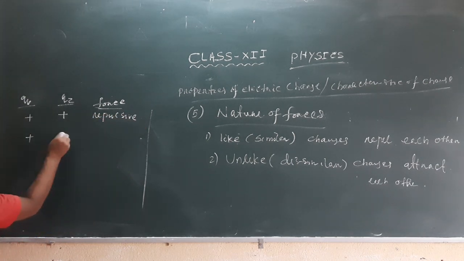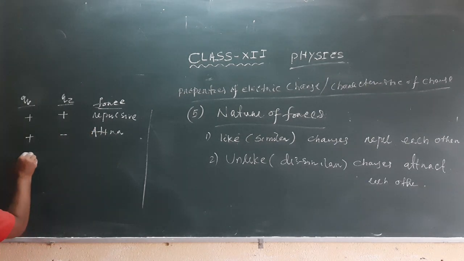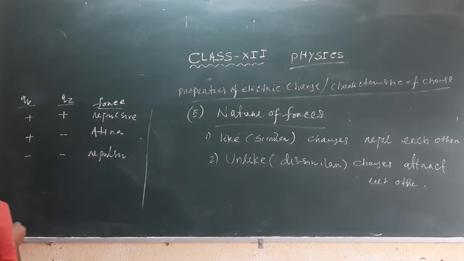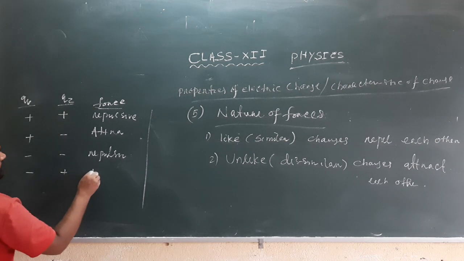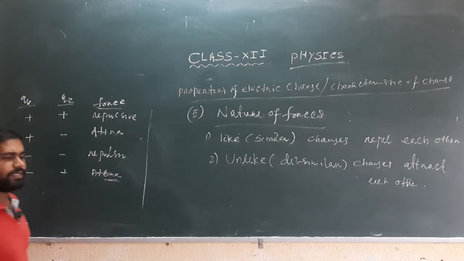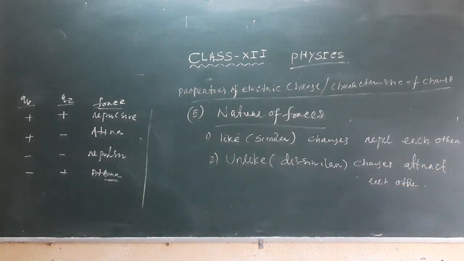If I consider plus minus, then the force will be attractive. If I consider minus and minus, then the force will be repulsive. And if I consider minus and plus, then the force will be attractive. So that's why unlike charges attract each other and like charges repel each other. Understand?